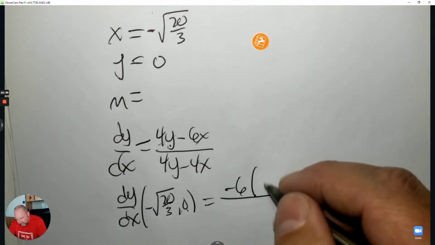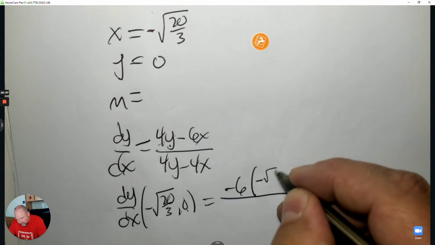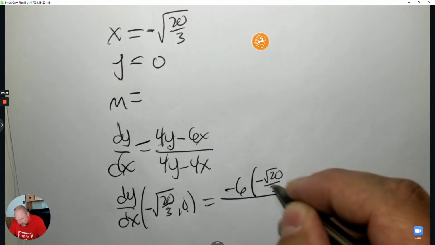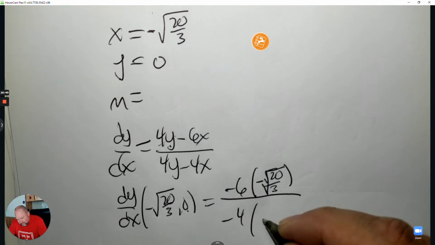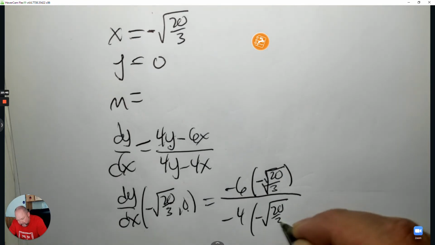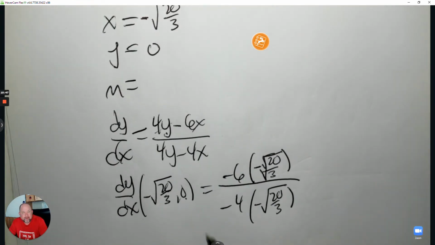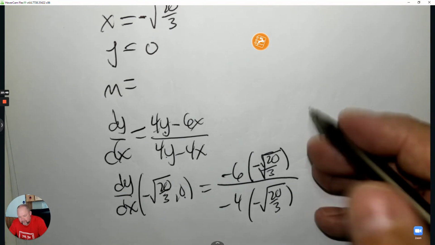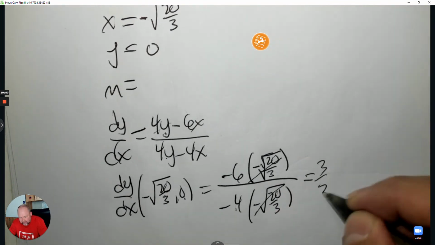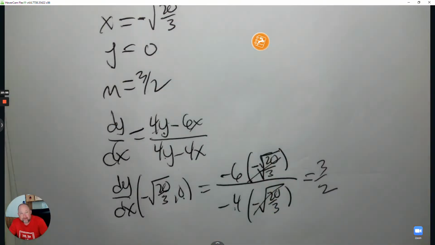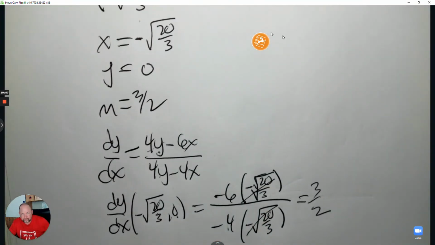And where there's an x, I plug in negative root 2 over 3. Again, y is 0. Look, these divide out, and it leaves me with positive 3 over 2. It looked worse than it was.